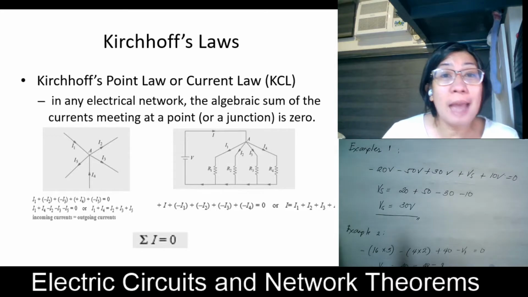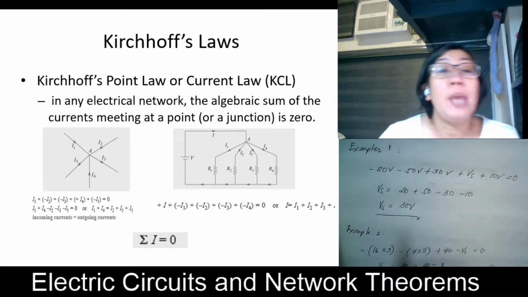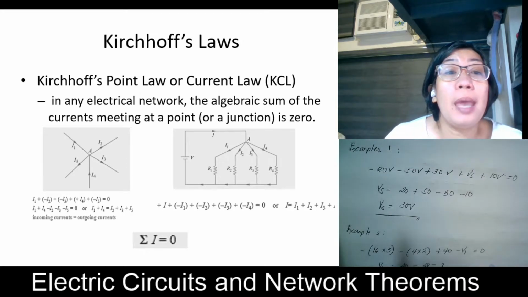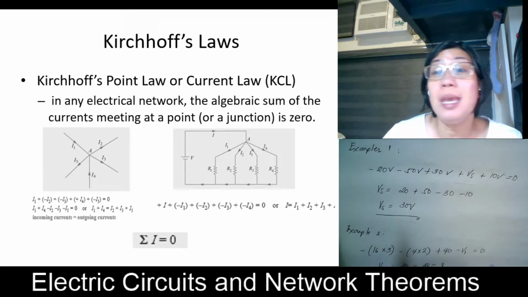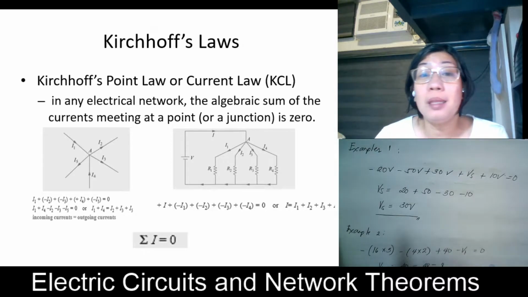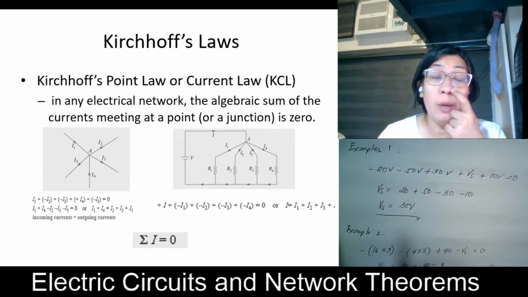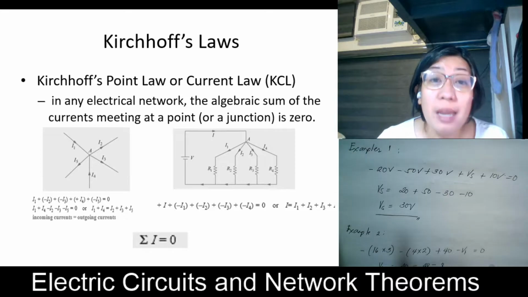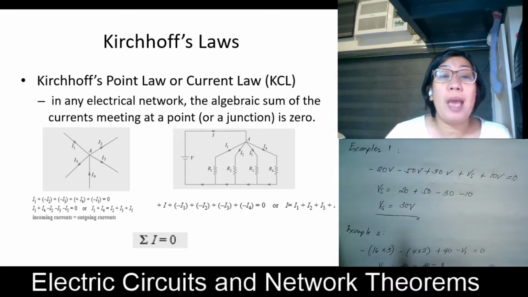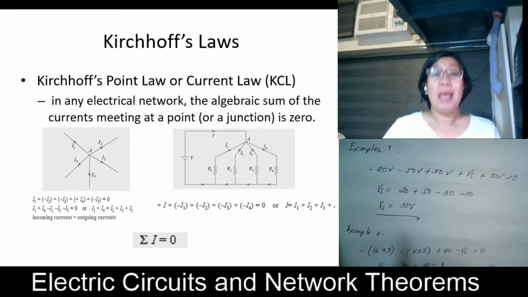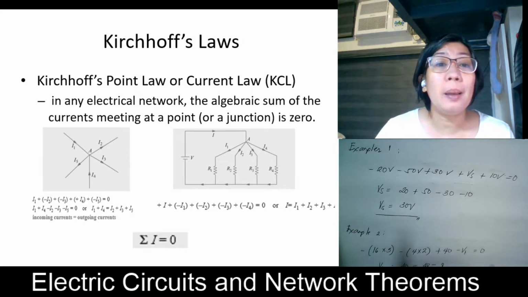Okay, so looking at our next example here, we have your I entering point A, and then looking at the values of the different currents, I1, I2, I3, and I4, and by looking at their directions, all of them are leaving point A. So therefore, we have I minus I1 minus I2 minus I3 minus I4 is equal to 0, or simply I is equal to I1 plus I2 plus I3 plus I4.